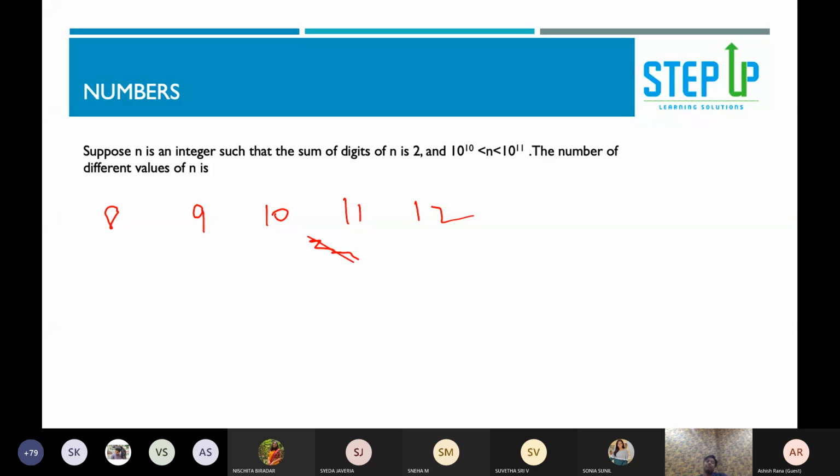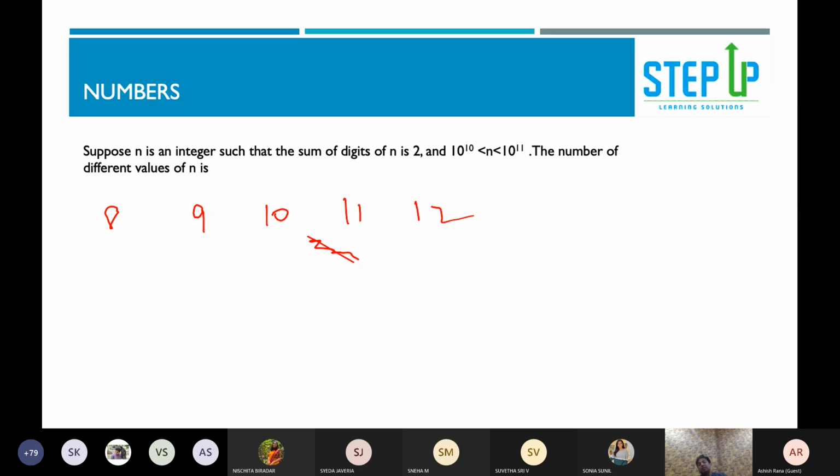Please read out the question again. Suppose n is an integer such that the sum of digits of n is 2 and the number lies between 10 power 10 and 10 power 11. The number of different values of n is what?